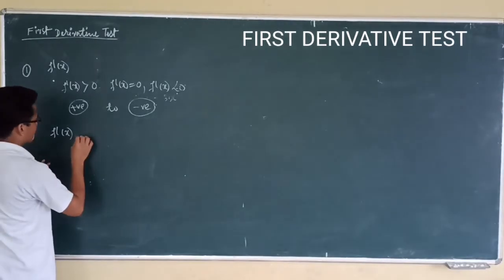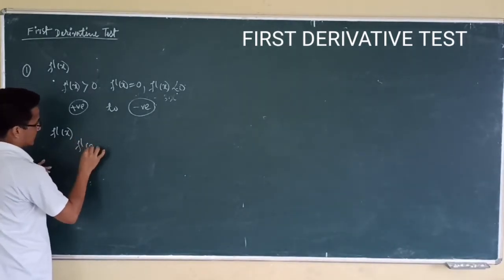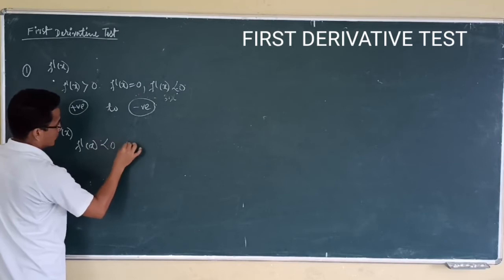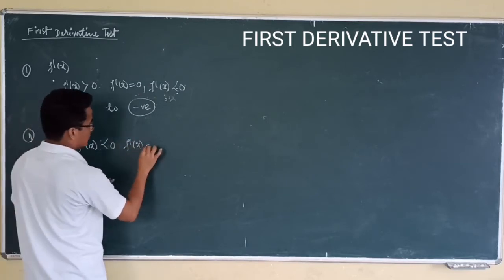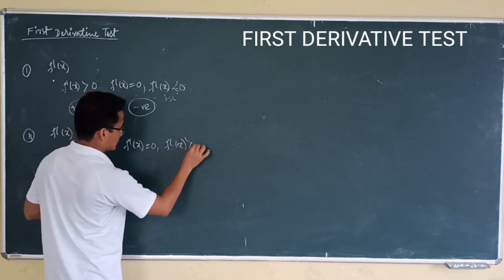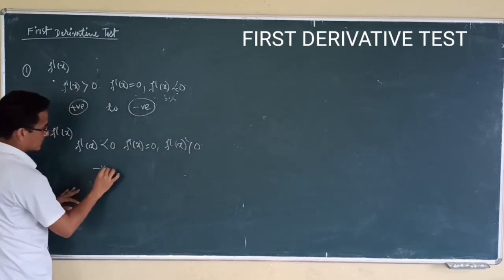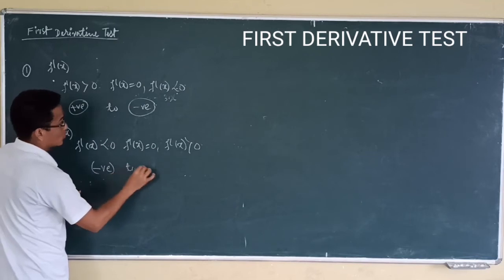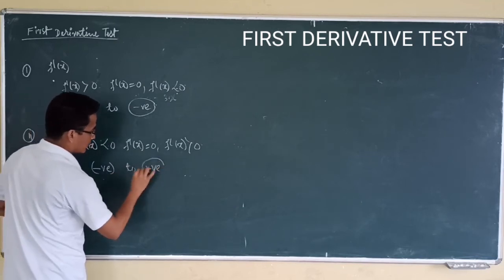So if f dash x is just the opposite, f dash x less than 0 and then f dash x greater than 0, so it's negative to positive, then we will get what?